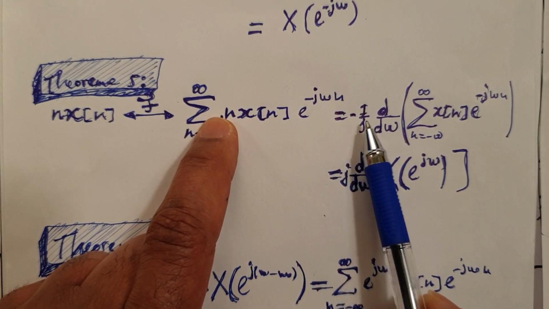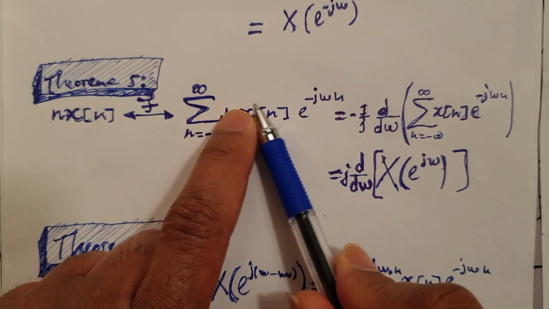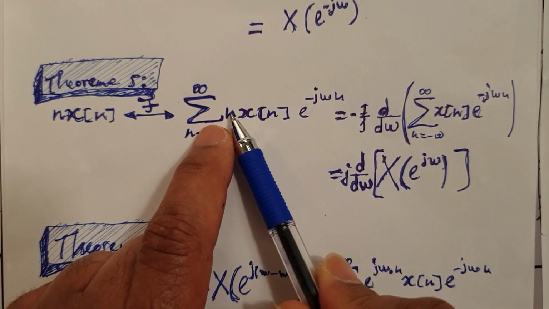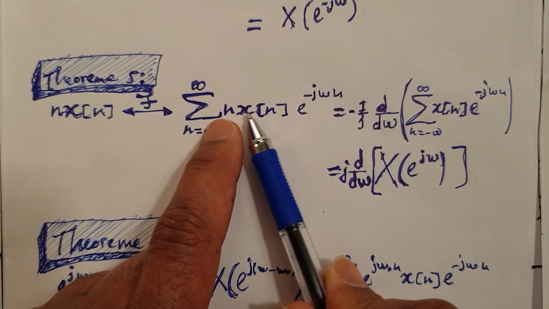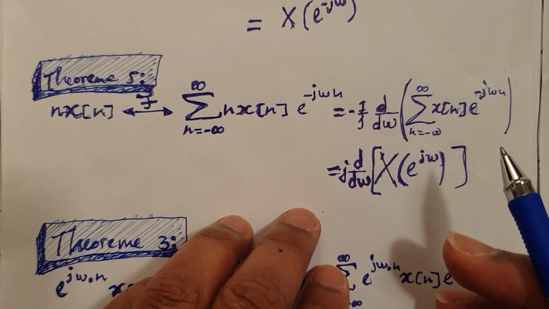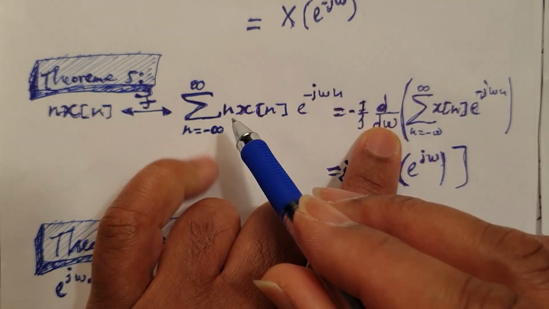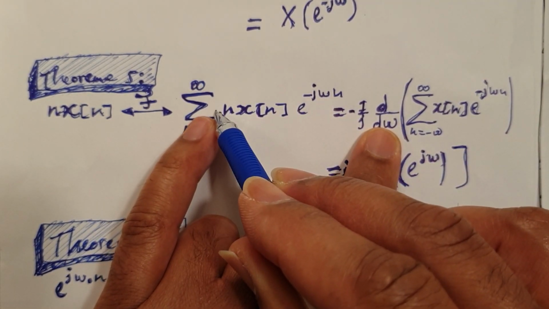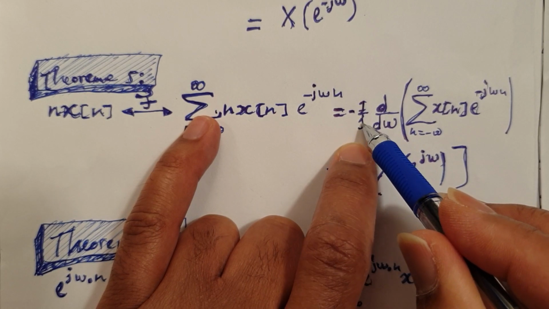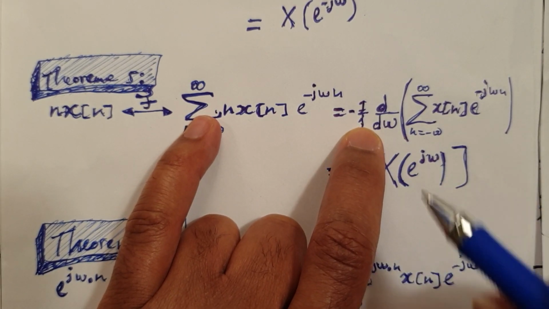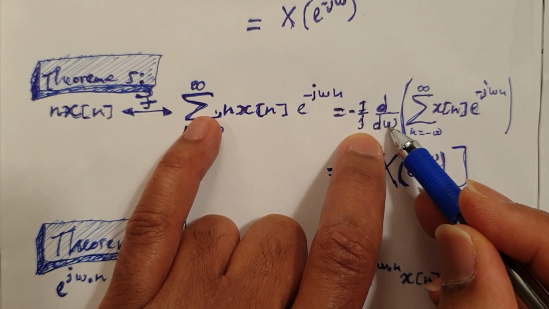So that means that if I integrate this, then this would go back, right? You could say that. If I integrate that, then of course the n would disappear, but I didn't have a j here. Then I would have to divide by j, minus 1 divided by j here.